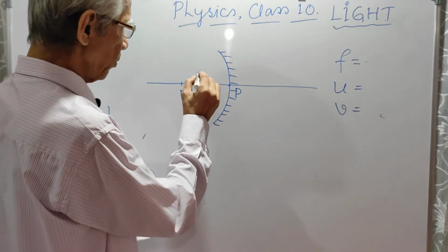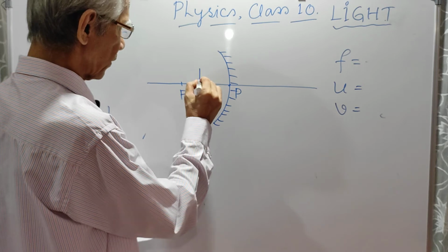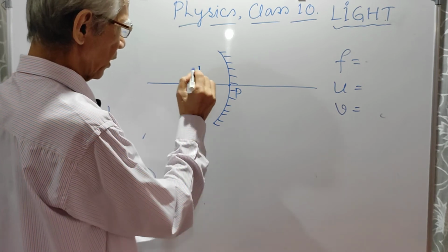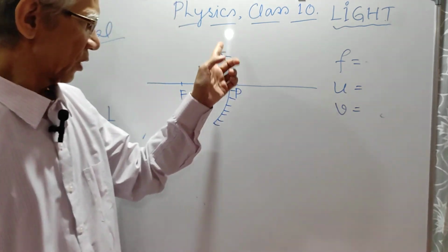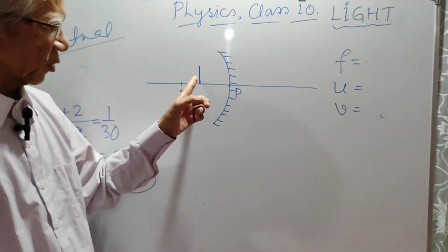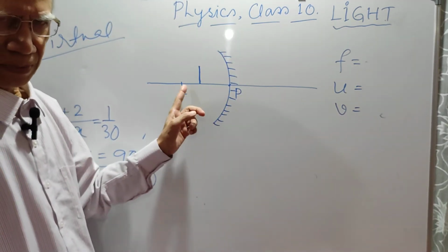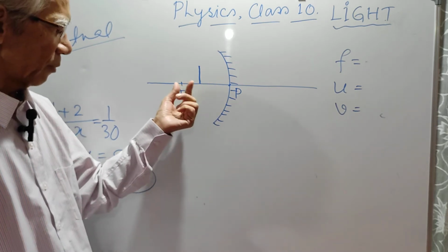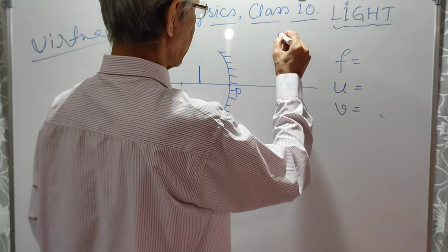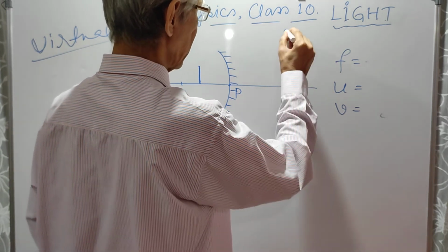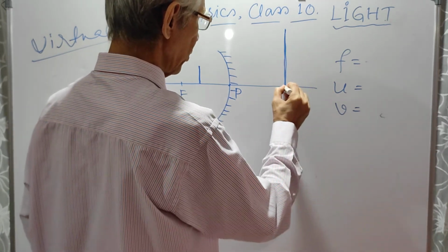Now the object must be between pole and focus. In order to form a magnified virtual image by this mirror, the object should be between pole and focus, not exactly in between, I mean somewhere in between. Now the image will be formed here. So this will be the image. I have not shown the rays.